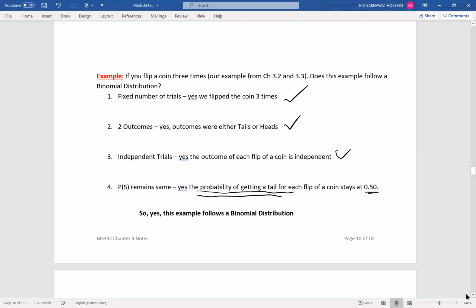This is fixed. Each trial you have a 50% chance to get a tail, so the probability in each trial is the same. So this experiment satisfies all four requirements of the binomial distribution, which means we can say that this data follows a binomial distribution.